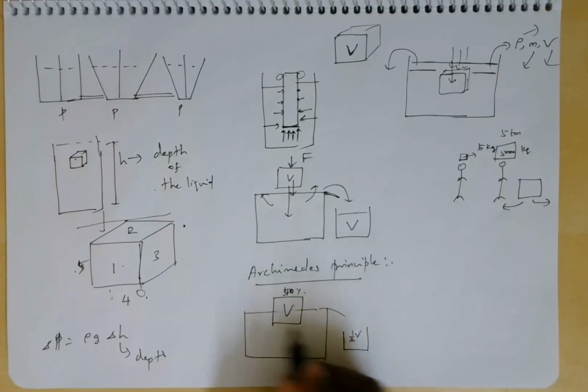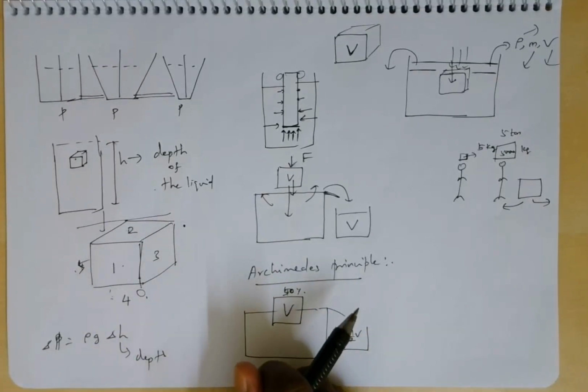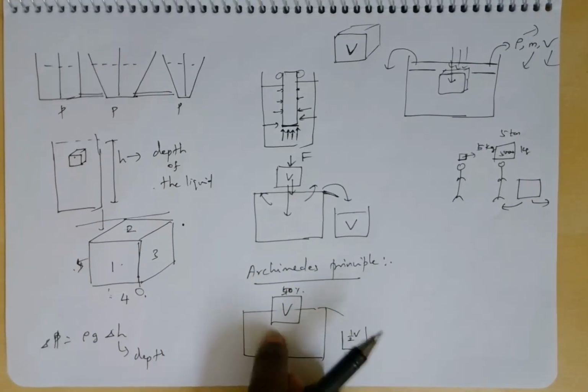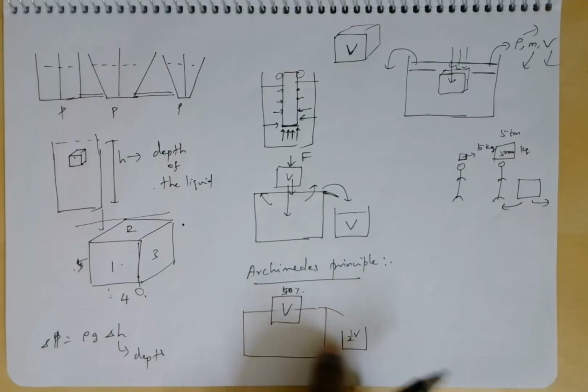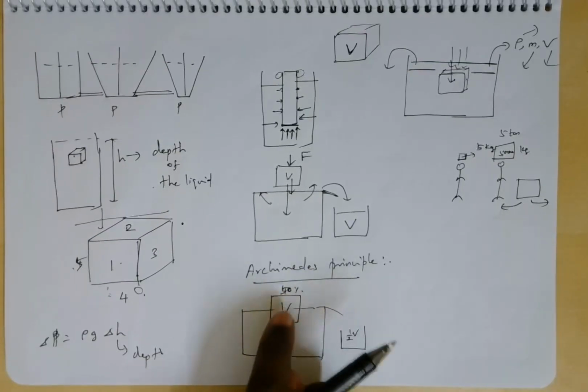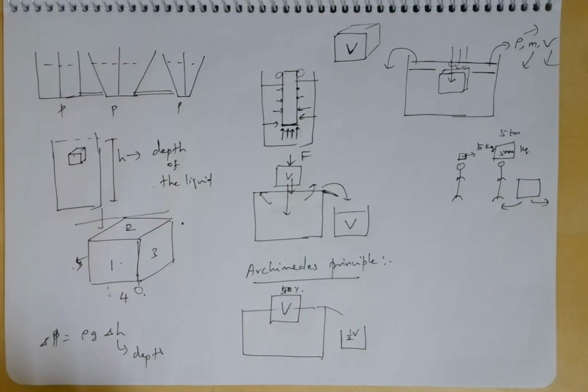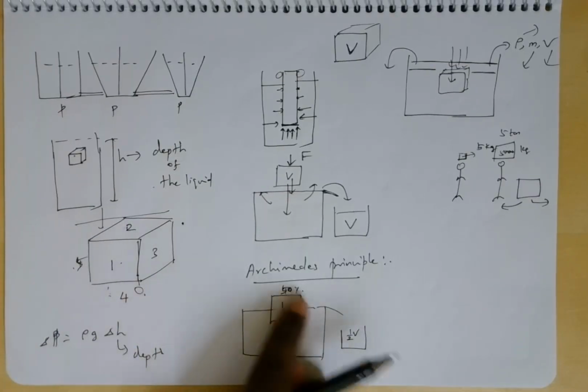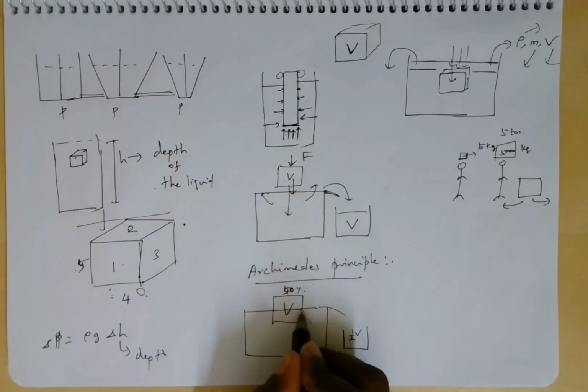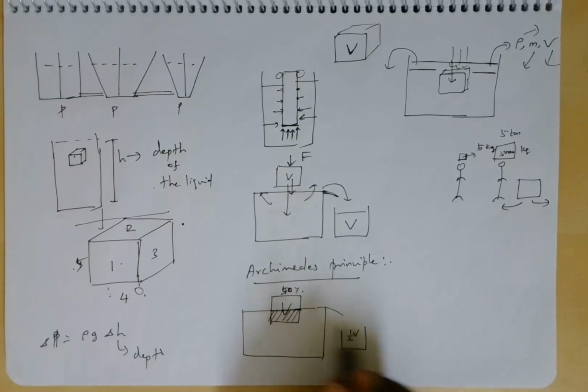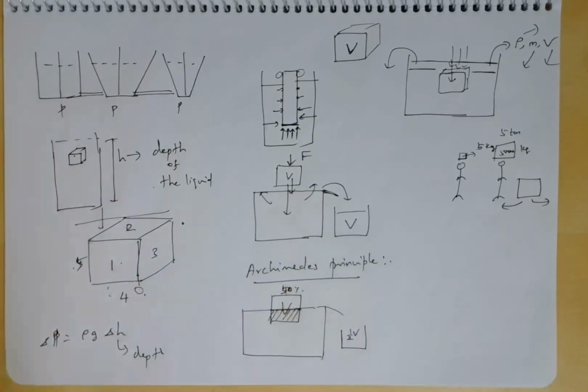Half the volume of the cube. So remember, it's independent of the volume of the water, how much it's filling here. Whatever the percentage of the object inside, that volume is displaced outside.